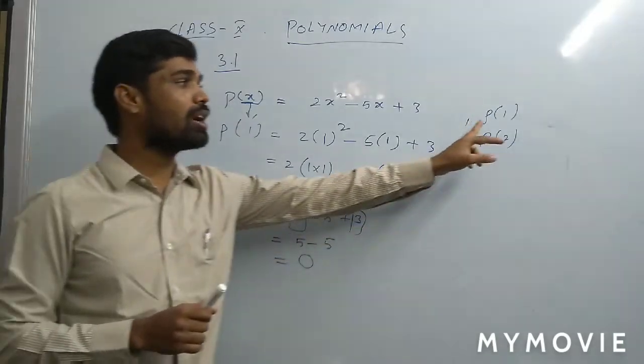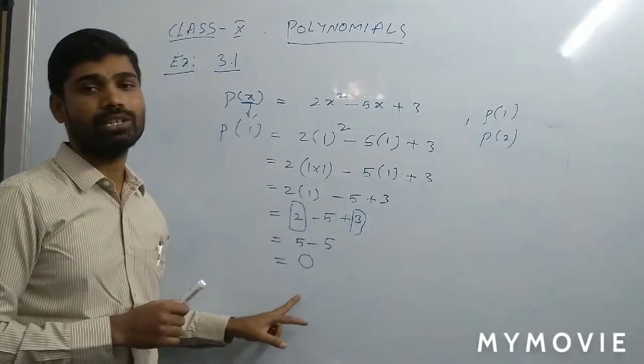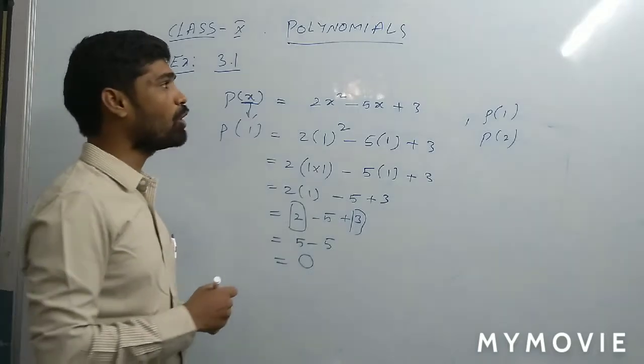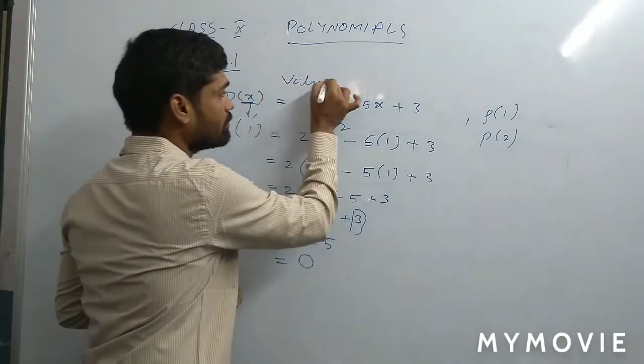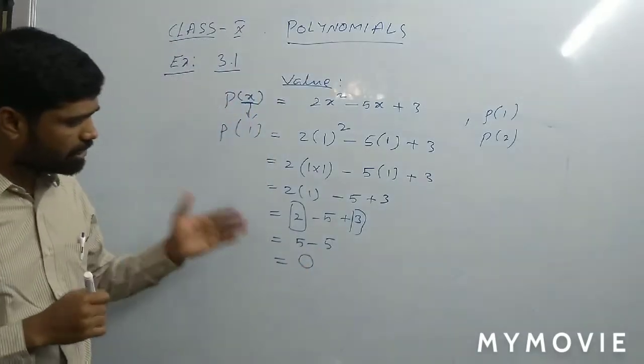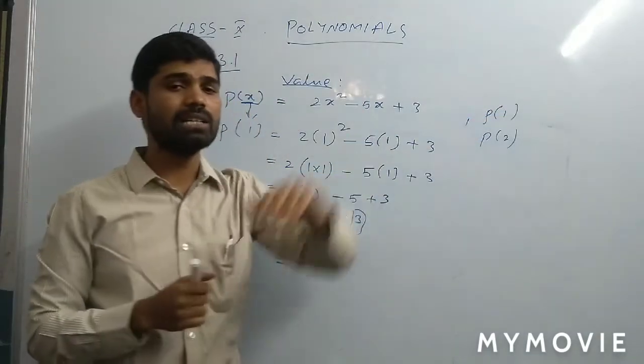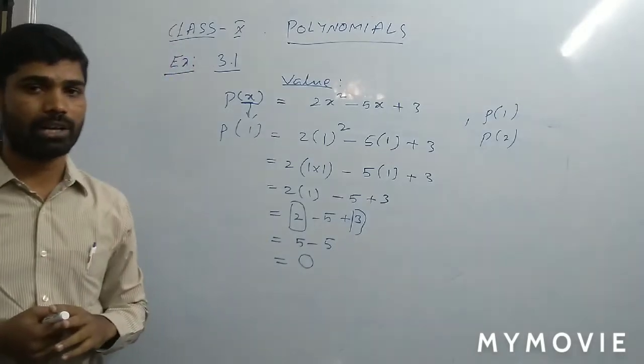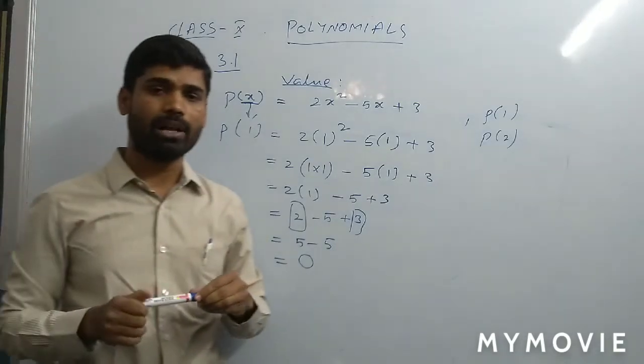Now what do we say? P of 1 value is 0, right? So this is about the value. So we completed the value. And here we can say that 1 is also called a 0 of the polynomial. How can we say 0 of a polynomial?